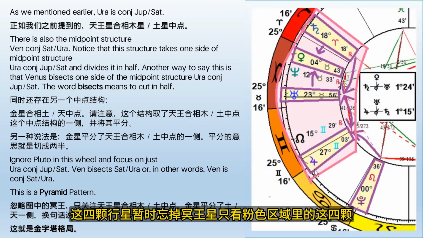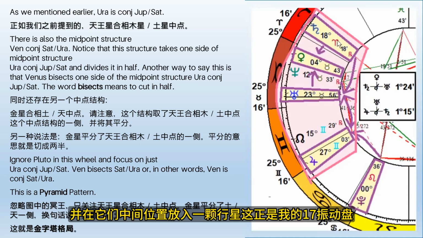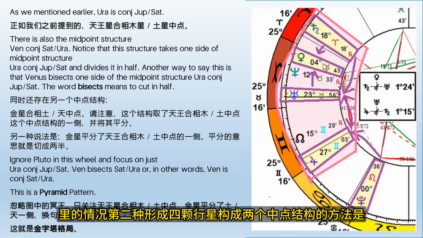Forget Pluto for a moment and just think about these 4 planets in the pink area. What's happening? Uranus is conjunct the Jupiter-Saturn midpoint, and then you take one side of the midpoint structure and you put a planet halfway in between those, and that's exactly what I have in my 17 vibration chart.